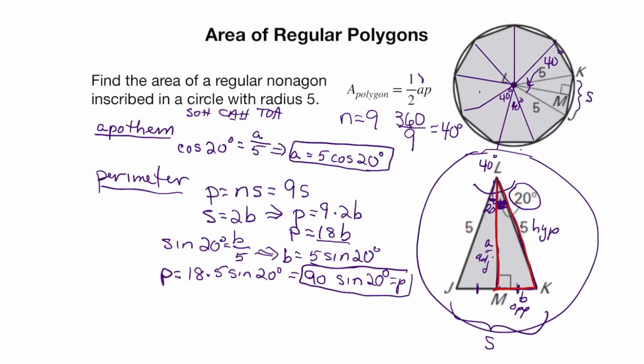Okay, well once I have that, I've got my apothem, I've got my perimeter. So area is 1/2 AP, which will be 1/2 times A, which is 5 cosine 20, times P, which is 90 sine 20.